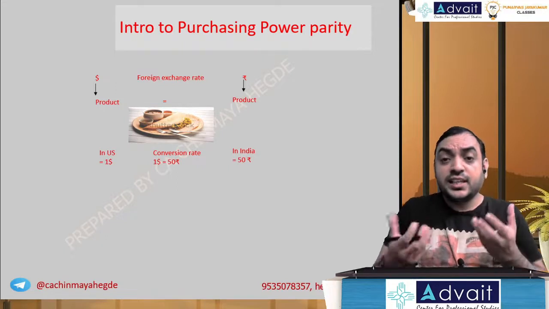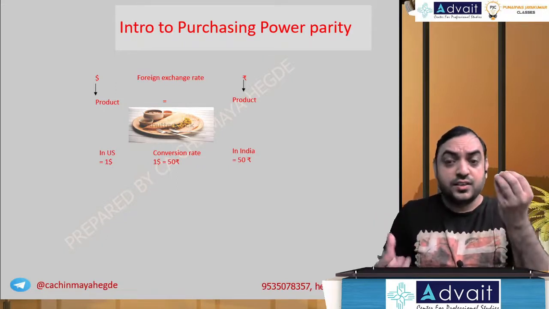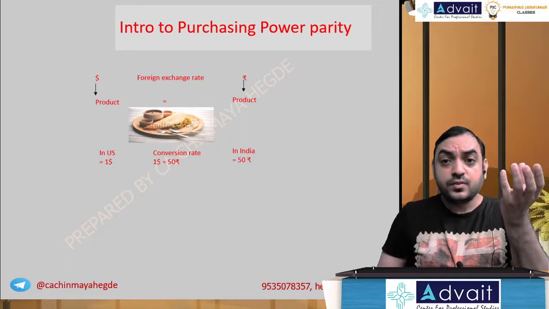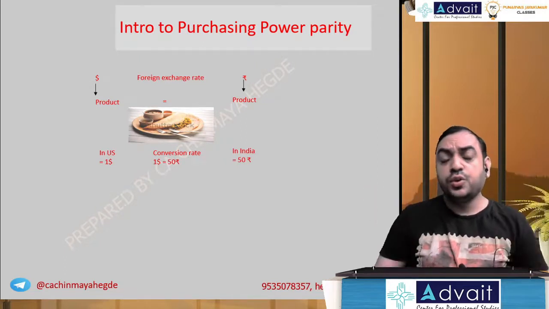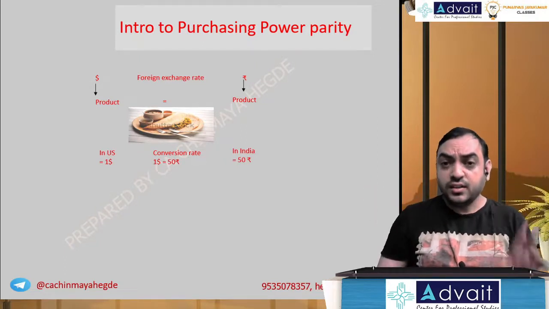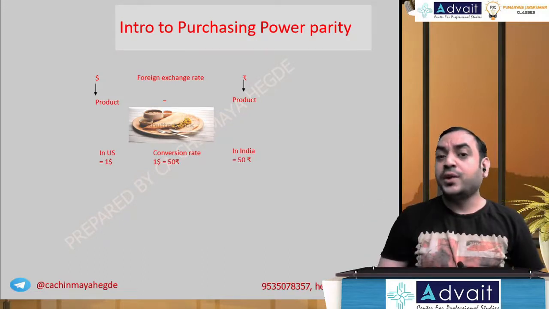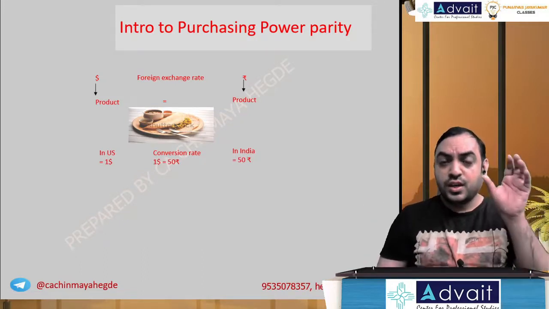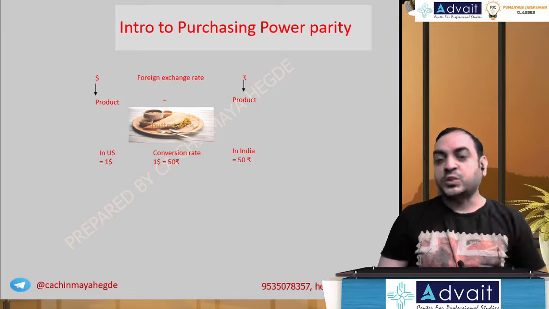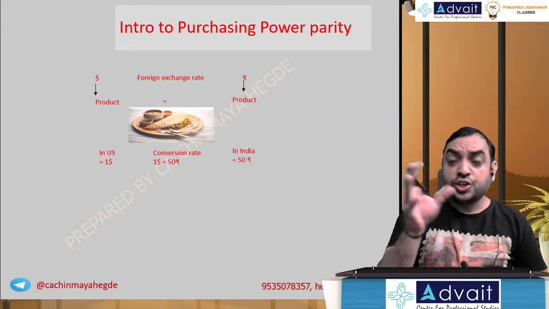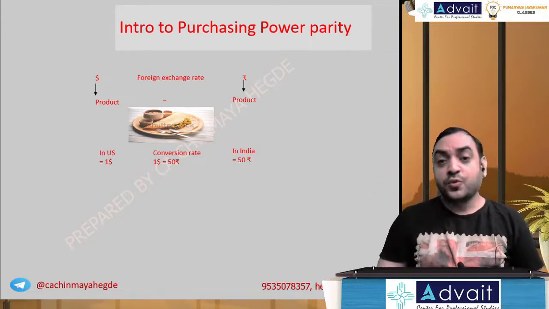Just like the barter system, if you can purchase 2 kg of rice equal to 1 kg of sugar, accordingly you determine the price. So in India, you can purchase one masala dosa for 50 rupees. In the US, you can purchase one masala dosa, same thing, for $1.